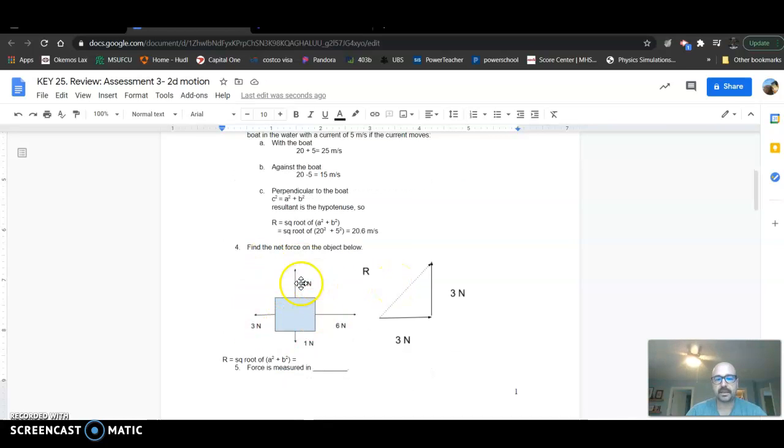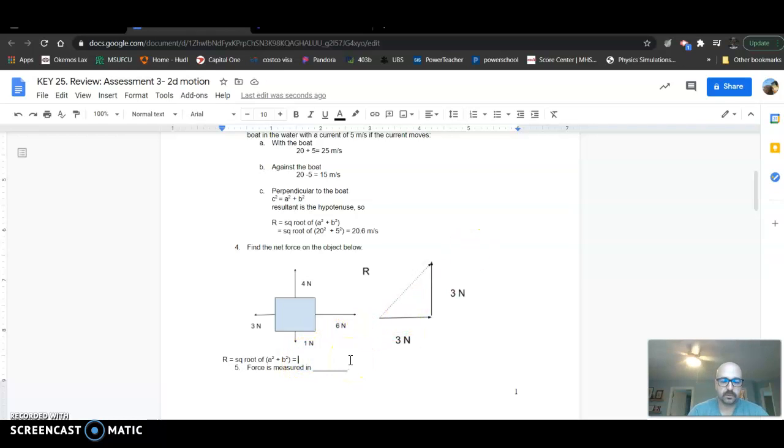And then here, free body diagram. 6 to the right and 3 to the left is going to give me a total of 3 to the right. 4 up and 1 down is going to give me 3 up. Again, I've got to use the Pythagorean theorem to solve for this.